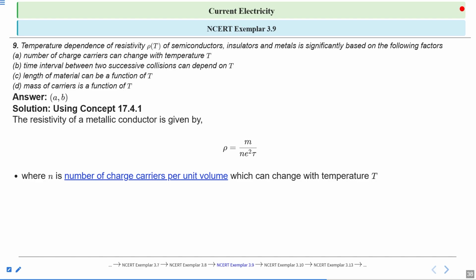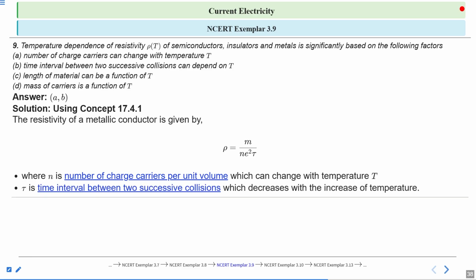That n can be changed significantly for semiconductors and insulators, but for metals, the change of n is very less. Tau is the time interval between two successive collisions, which decreases with increase in temperature. When there is an increase in temperature, the collisions among the electrons and with positive ions become more frequent, so the time between two successive collisions will decrease.